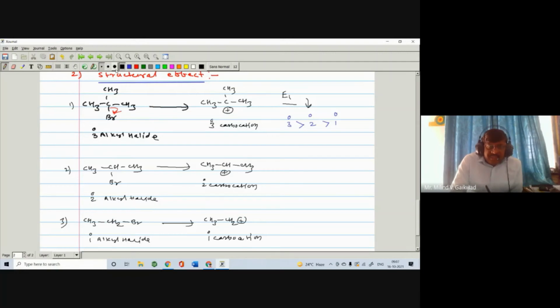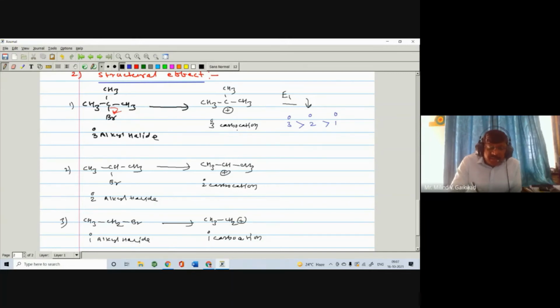Now the next evidence we can give that there is a formation of a carbocation in the E1 mechanism. If there is a formation of carbocation, suppose a primary carbocation, then if structure permits, it may undergo rearrangement to give the secondary carbocation, or it may also give the tertiary carbocation.